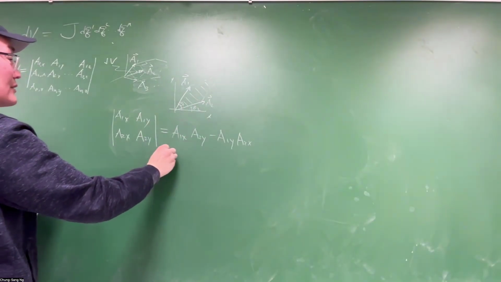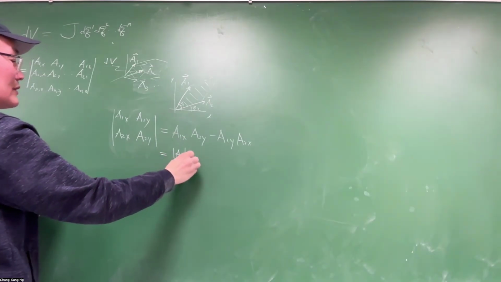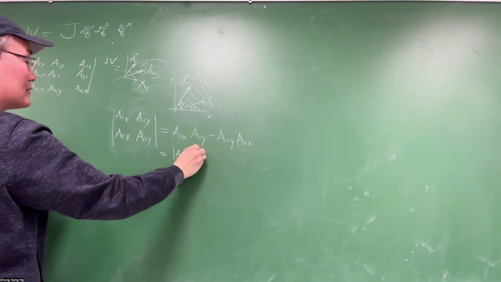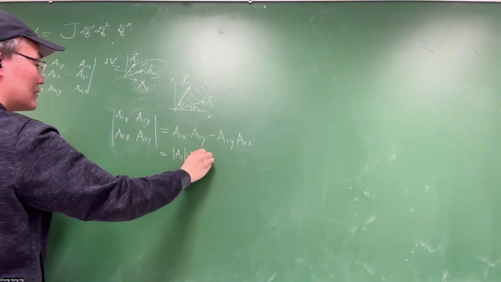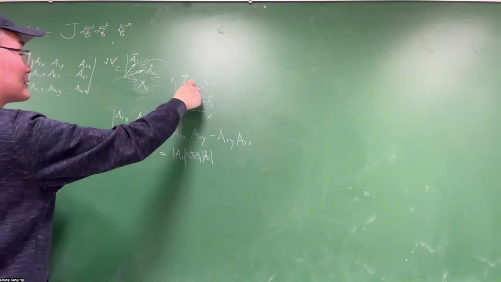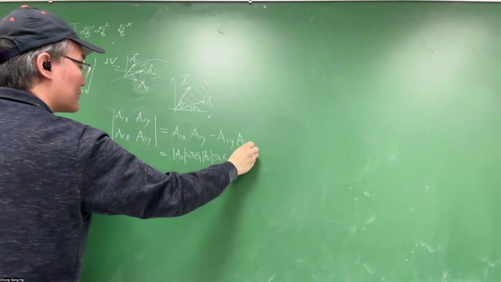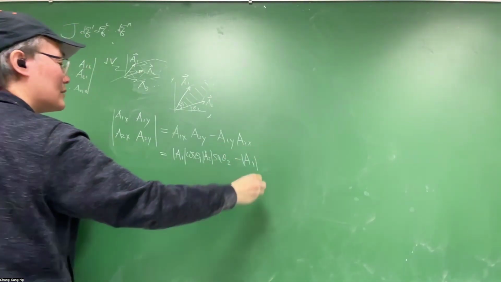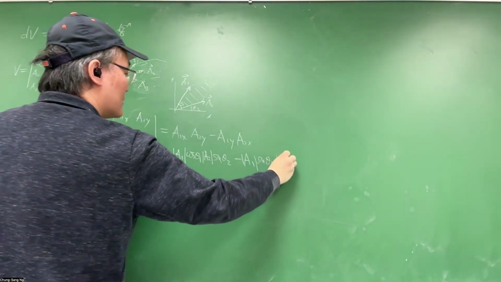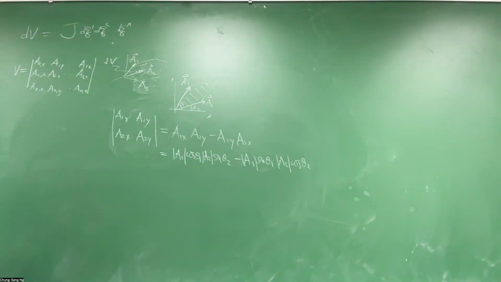So the component A1x is just A1, the magnitude, times the cosine of theta 1, right? And then A2y is the sine of theta 2, and minus sine of theta 1 times A2 cosine of theta 2, right?